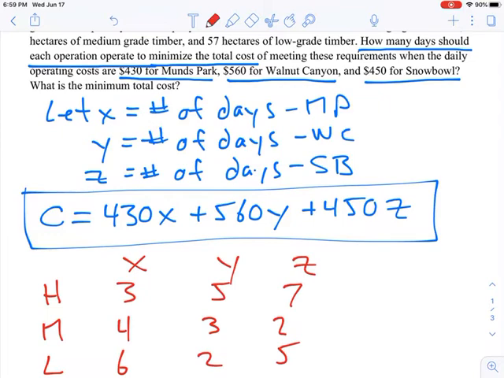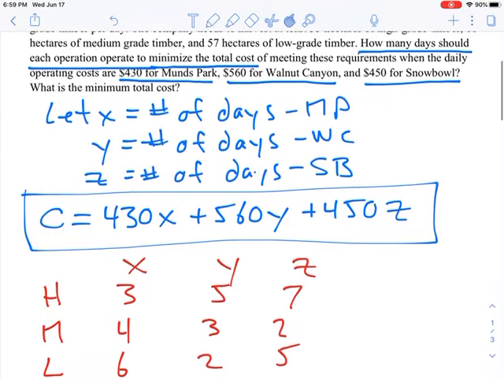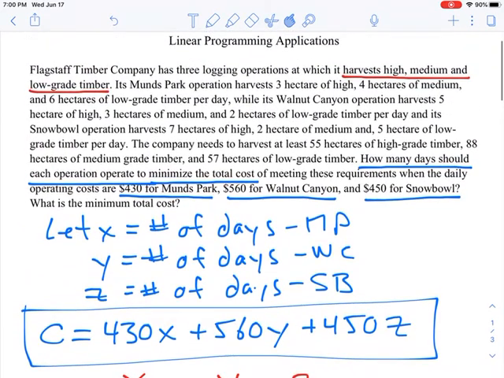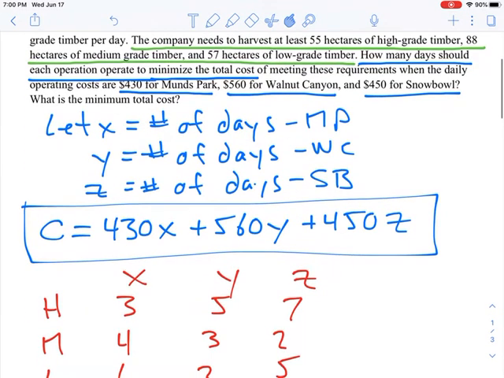Now, last thing that we need, if these are our constraints, there has to be some kind of constraint on the high, medium, and low. And so that comes here. The company needs to harvest at least 55 hectares of high-grade timber, 88 hectares of medium-grade timber, and 57 hectares of low-grade timber. So that tells me that high-grade at least 55, so that means greater than or equal to 55.